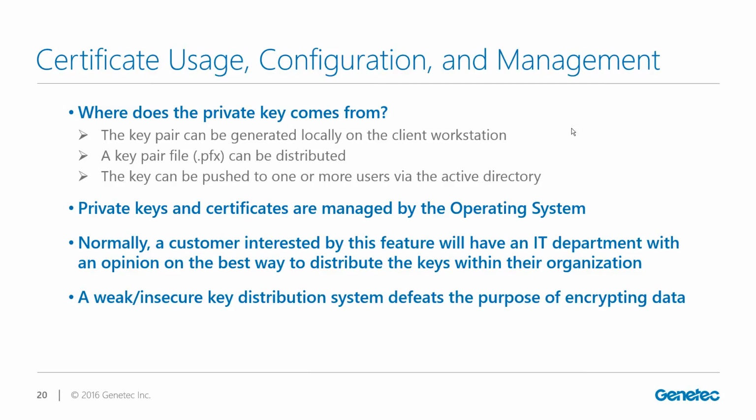If you're using a file like that, you need to be very careful what happens to the file after you're finished with it. Just bear in mind that this private key really needs to be kept secure, otherwise it really opens up the system. So that file needs to be managed very well. And also the key can be pushed to one or more users via Active Directory as well.